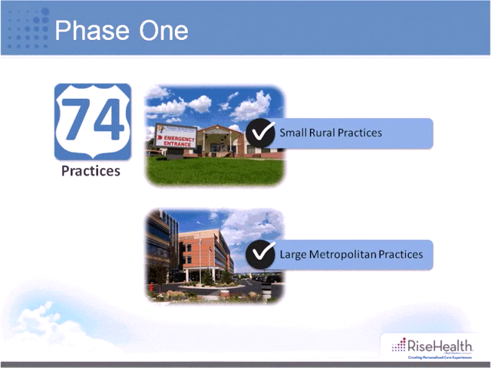We have some small rural practices that really have 1 or 2 primary care providers in them, and then we also have these very large metropolitan practices that are often part of an integrated health system, and things in between.